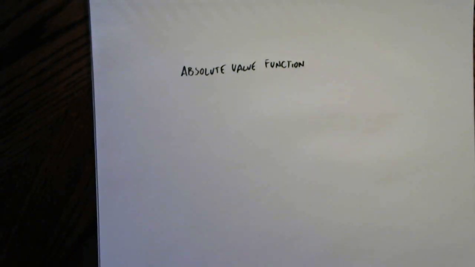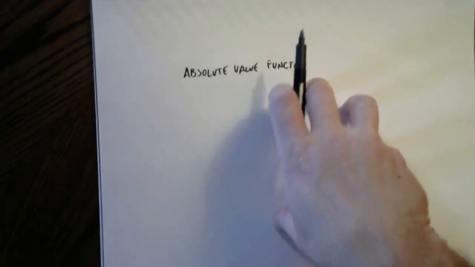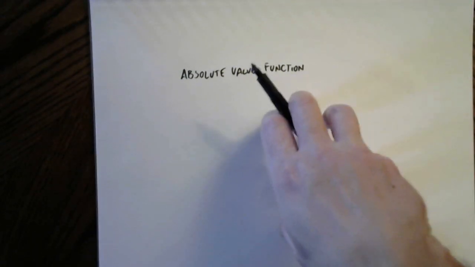And students are taught things like, oh, you make it positive. Whatever's in there, you make it positive. And that's true. That's not untrue, and that's fine if you're working with numbers. Absolute value of -5 is 5. But if you're working with functions, with variables, that is a little bit too crude.